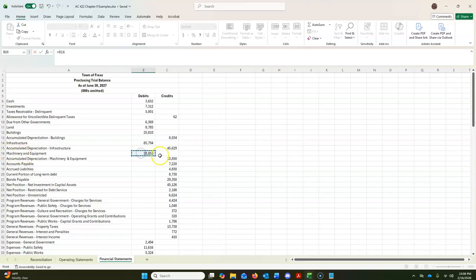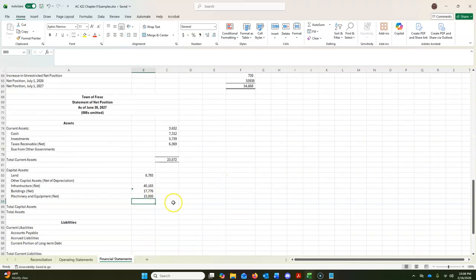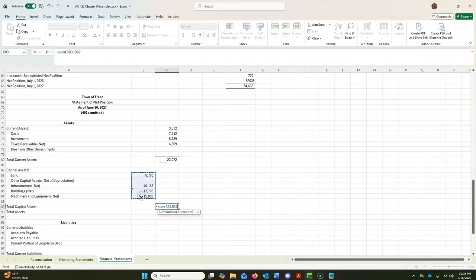So machinery and equipment minus this accumulated depreciation. Okay, my total capital assets then. Okay, and then total assets equaling current assets plus capital assets.